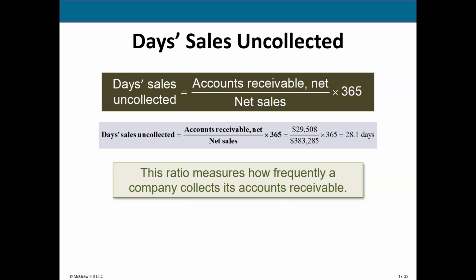In the case of Apple, it is 28.1 days, which is really good. If you compare that to what's going on with Samsung, Samsung's at 51.7 days and Google's at 57 days. So for Apple to be at 28.1 days is really, really good. It means that they're able to collect their sales very frequently, and you want it to be frequent because it shows that they have good cash flow.